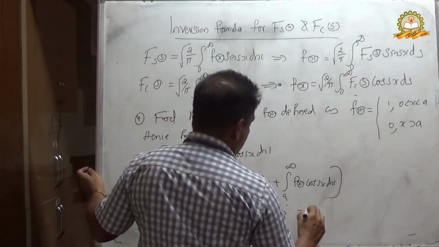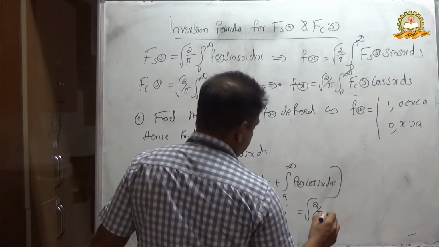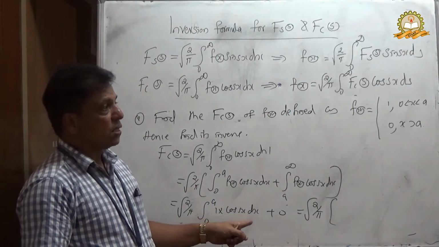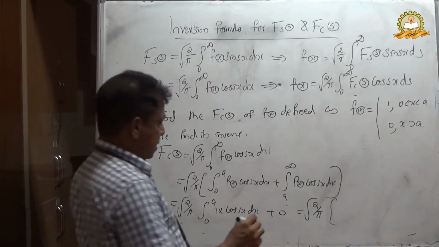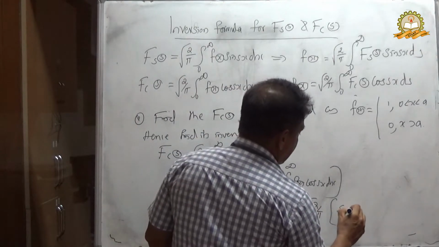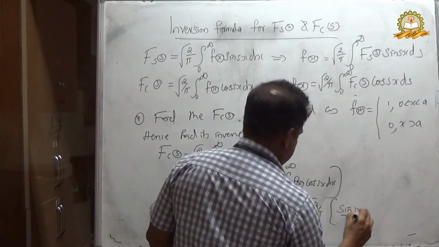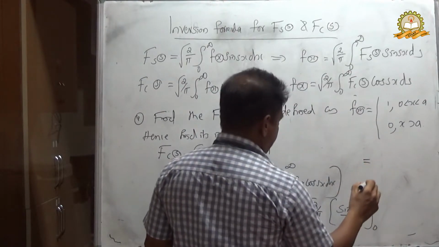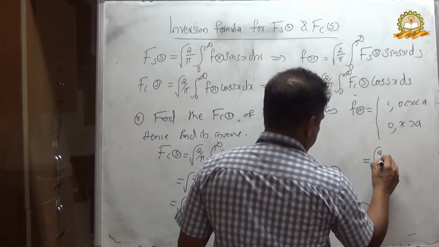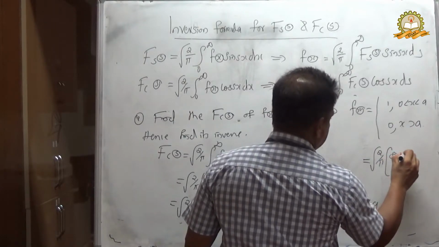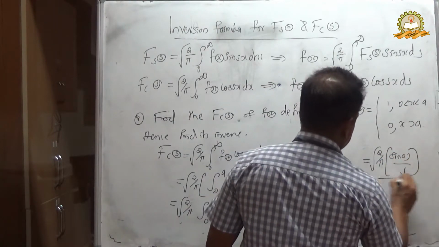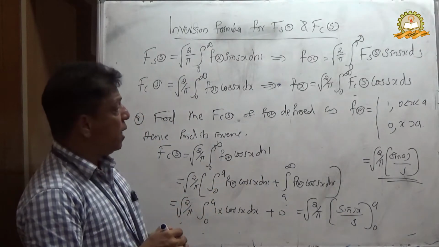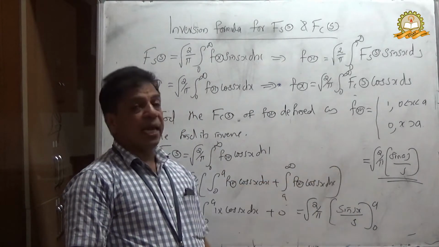Therefore, root of 2 by pi, integrate cos sx, that is equal to sin sx by s from 0 to a. Therefore, the Fourier cosine transform will be root of 2 by pi sin as by s.